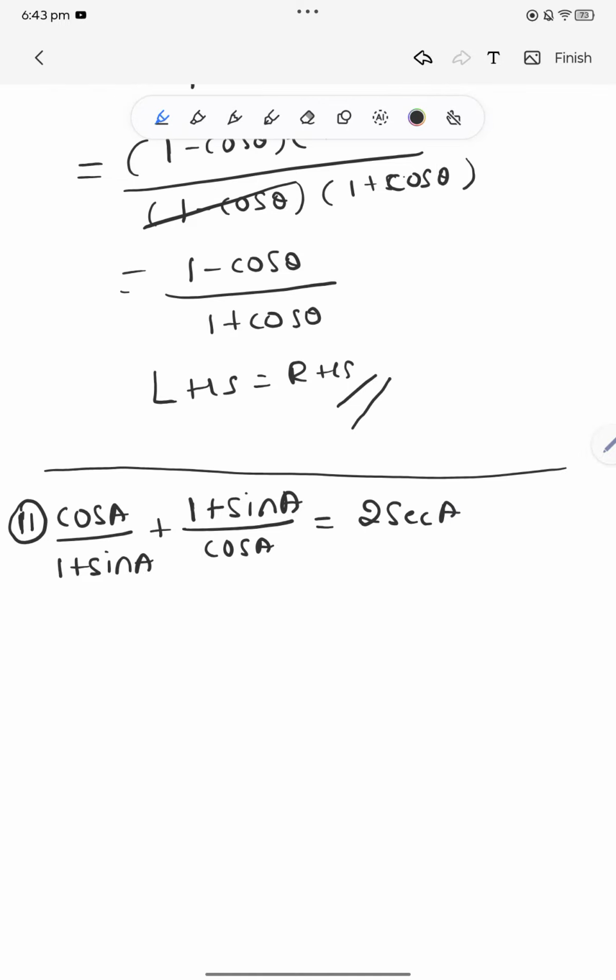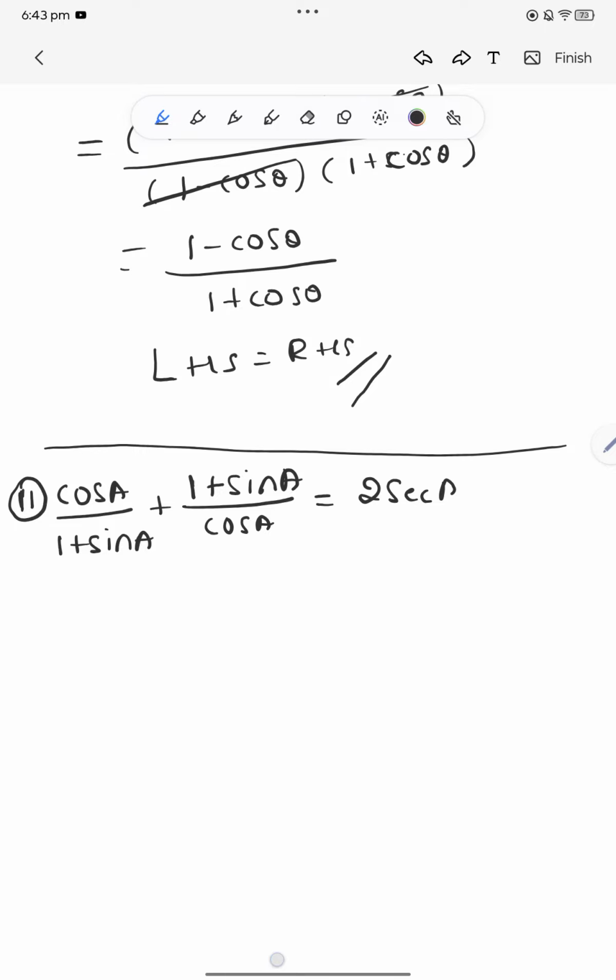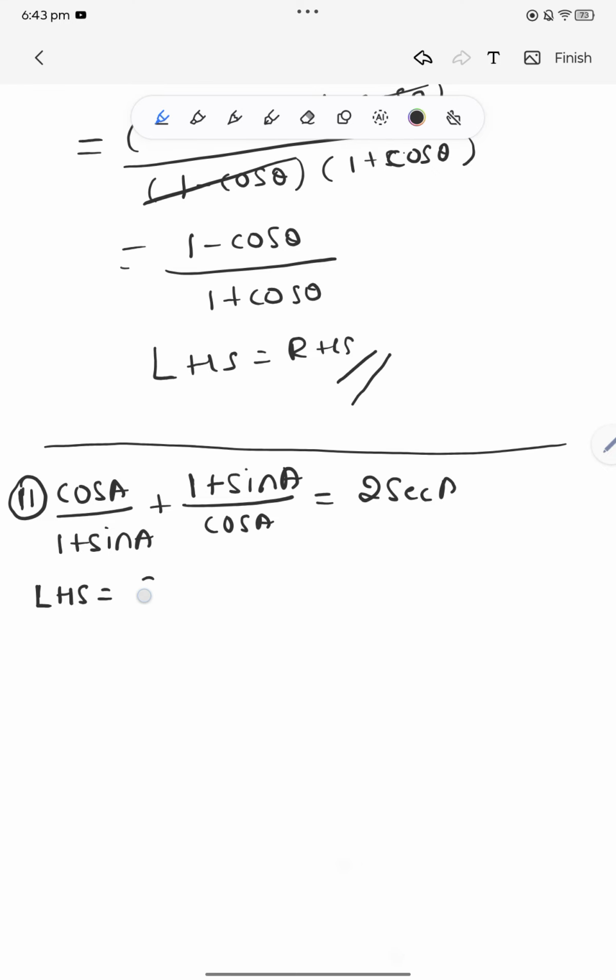See here, first you take the LHS. Going from RHS to LHS is not possible, so take LHS only. LHS is equal to cos A divided by (1 plus sin A) plus (1 plus sin A) divided by cos A.